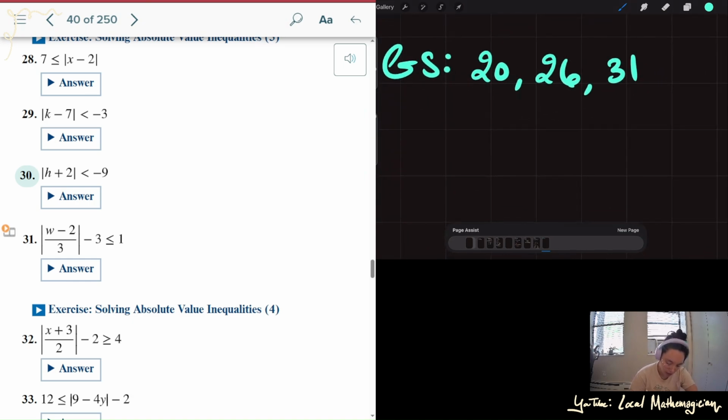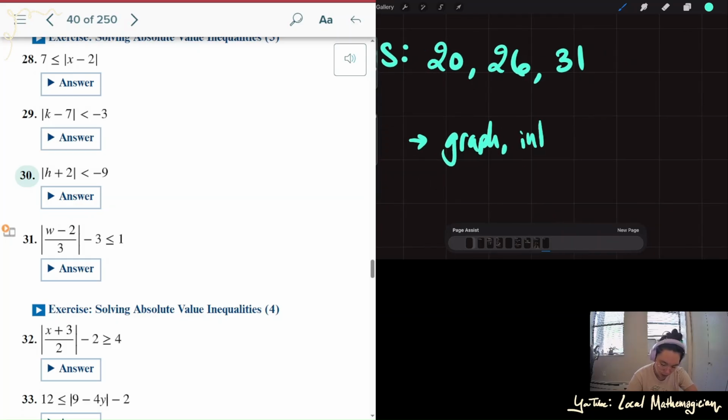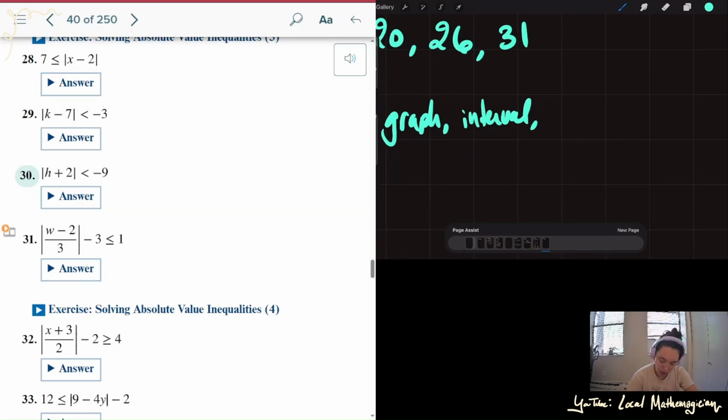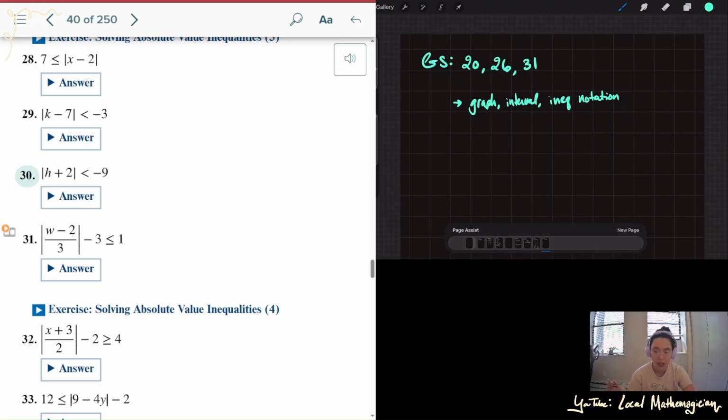And from here, I want it in graph notation, interval notation, and inequality notation. Okay. I want this on Gradescope, due date, TBD.